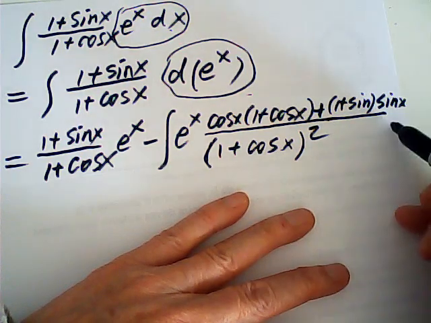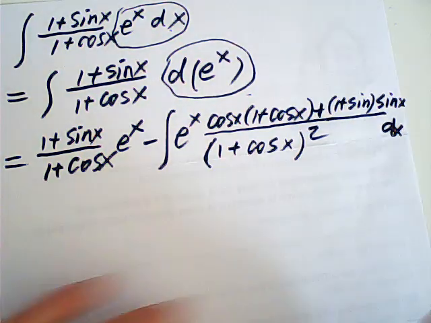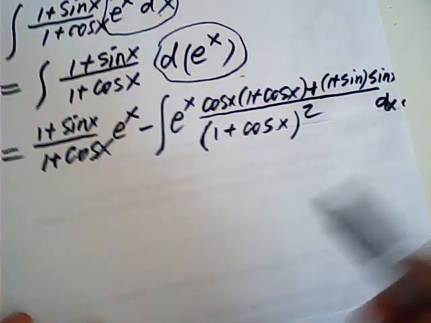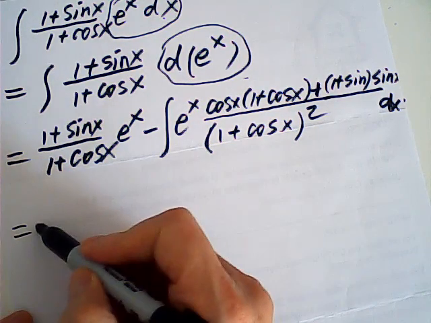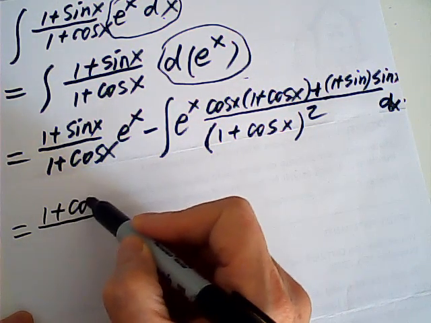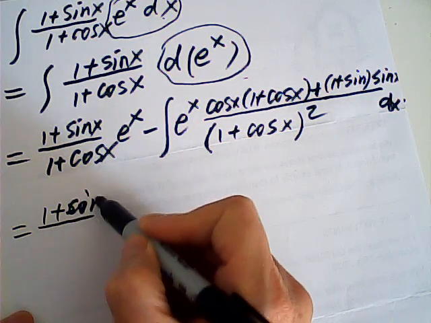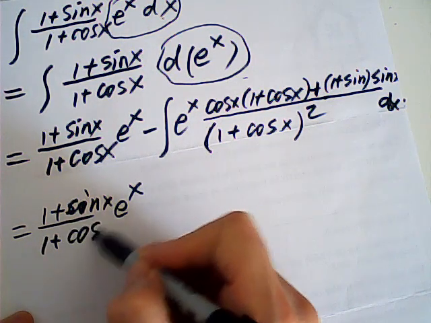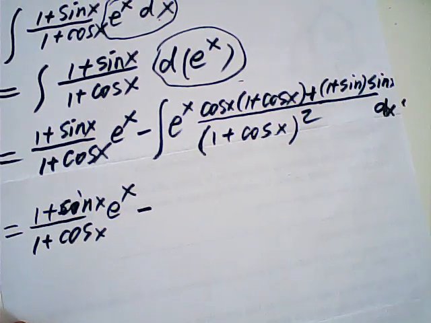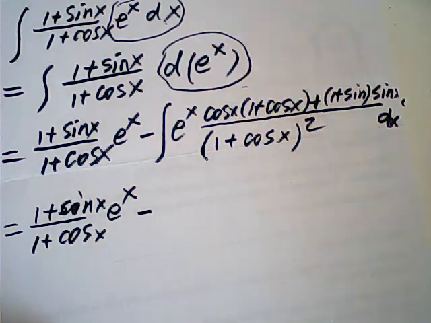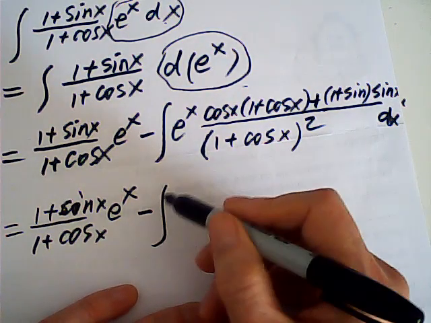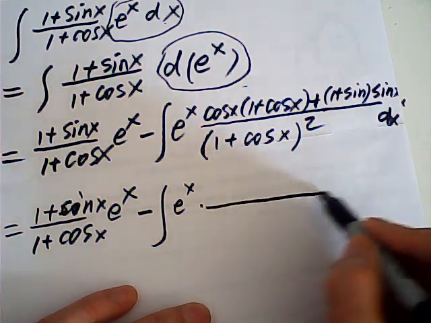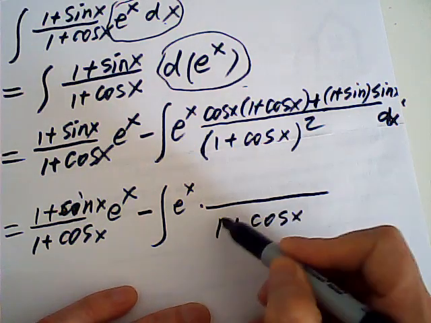Negative, change it to positive, right? And the dx. So this one is equal to 1 plus sine x over 1 plus cosine x, e to the power x, minus the integral of e to the x over 1 plus cosine x squared.